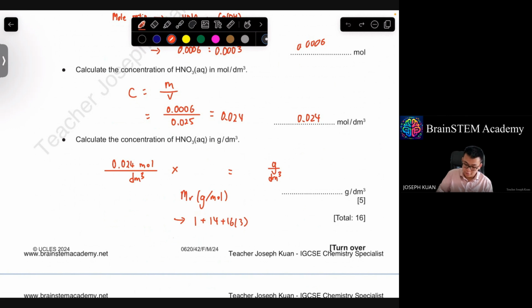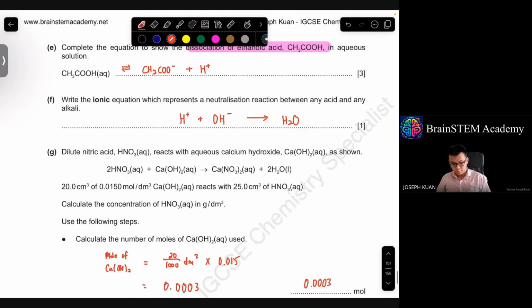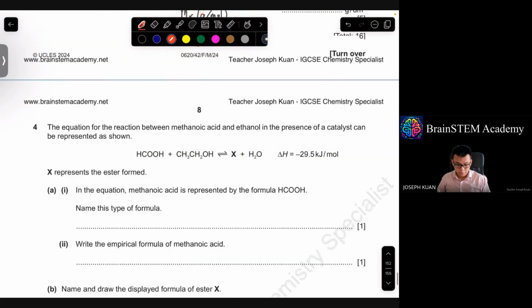Mix it all together, 63. So 63 multiplied by 0.024 makes 1.512. All right, 1.512 gram per cubic decimeters. Okay, that's it. Let's move on.